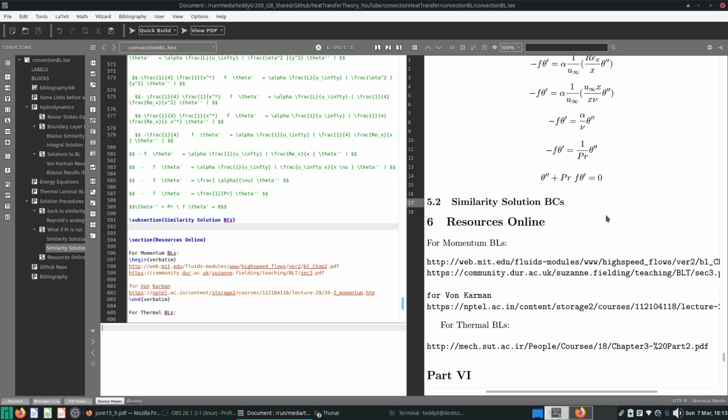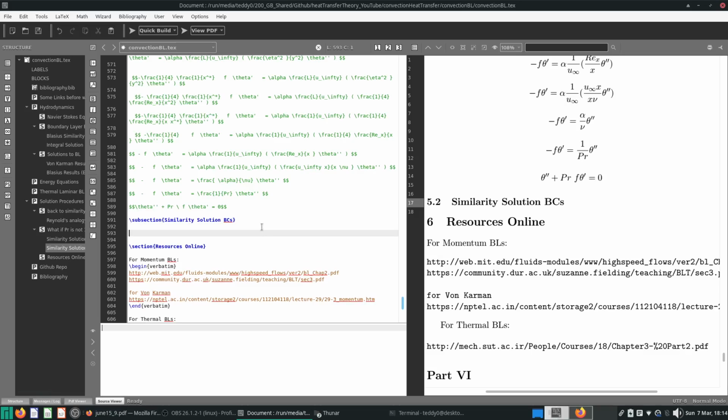So first, we have reduced our energy equation to this very simple form with just a theta double prime, a Prandtl number, f and theta prime. So how are we going to solve it?